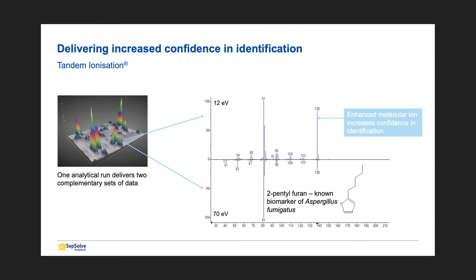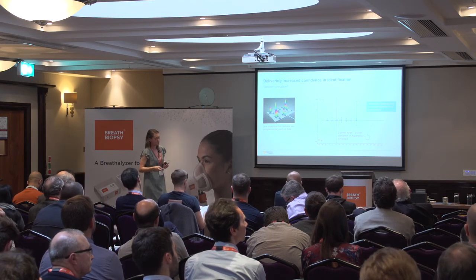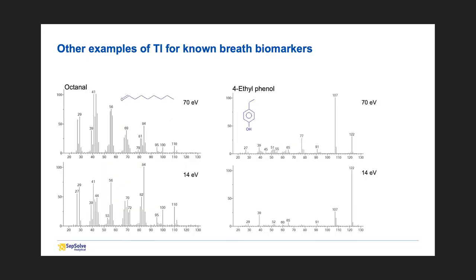So just to show a few examples, it means that in any GC or GC×GC run, you would be able to develop two sets of MS data. And you see here for 2-pentylfuran, the increase that we're getting in the molecular ion there. So you're going to be able to pick that out of a complex sample more easily using the 138 ion. And a couple of extra examples here. We see octanol, where you're increasing some of the higher end ions in the spectrum and minimizing the lower end.